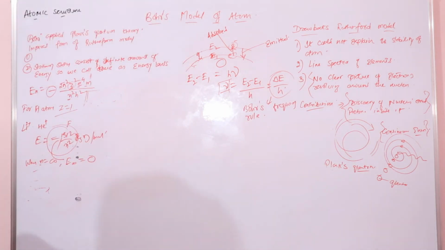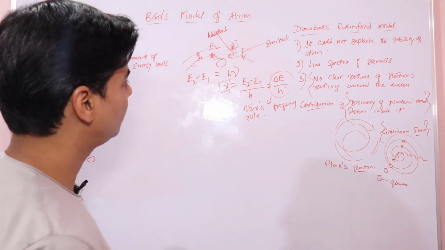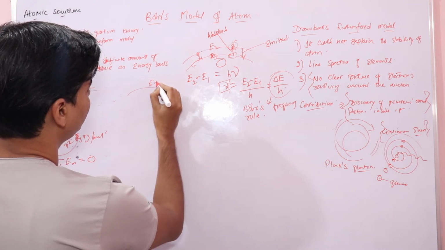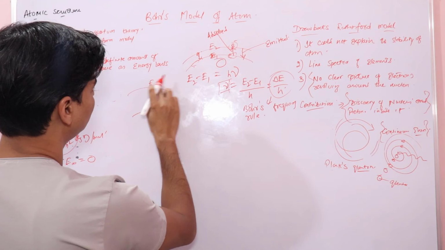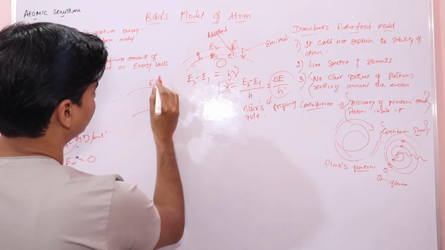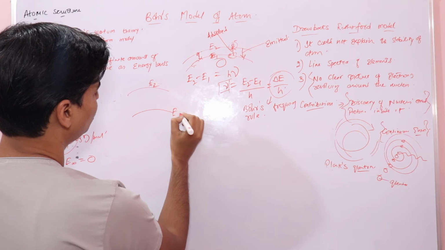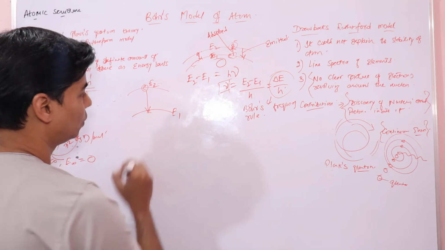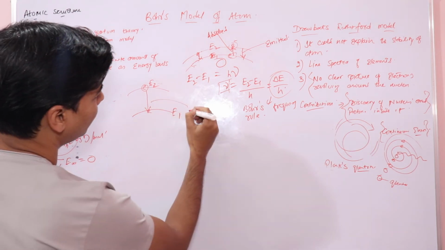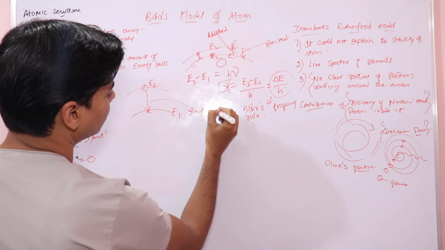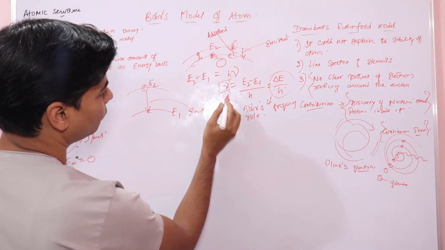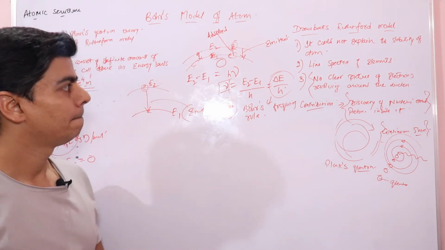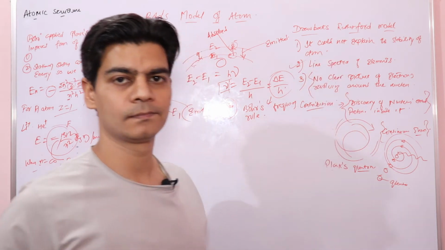When an electron jumps from the higher energy level E2 back to the lower energy level, it will emit radiation of frequency nu. And this explains the line spectra of elements.